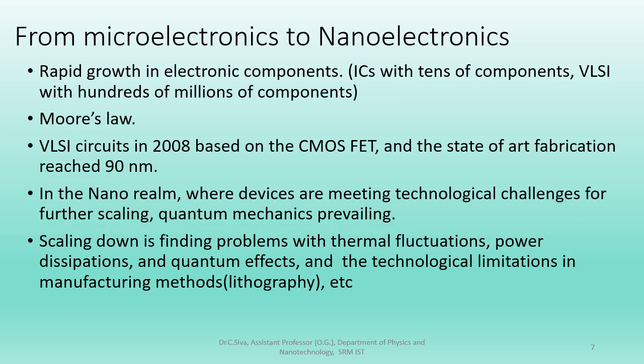From microelectronics to nanoelectronics. Electronics evolved from integrated circuits, ICs, with a few components, to VLSI systems containing hundreds of millions of transistors following Moore's law. By 2008, CMOS FET technology reached 90 nanometer fabrication nodes.